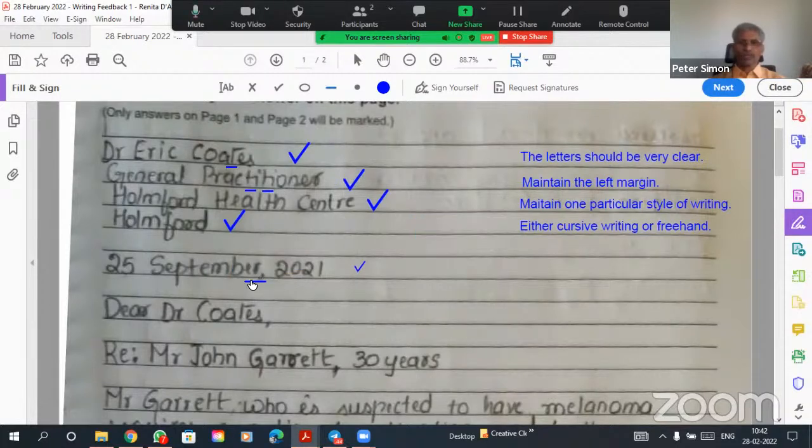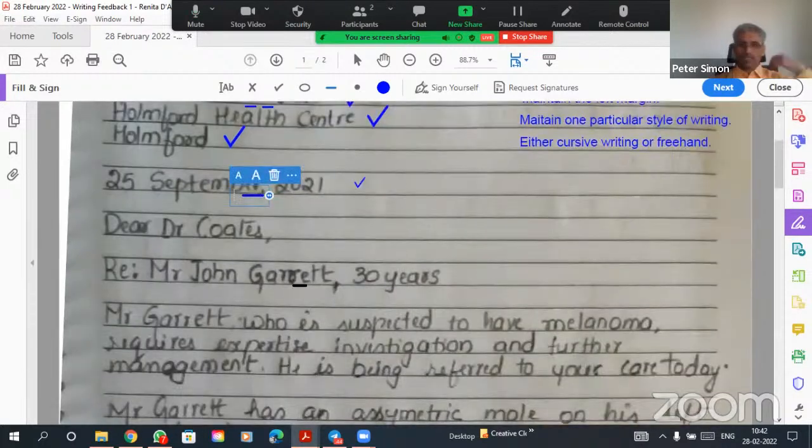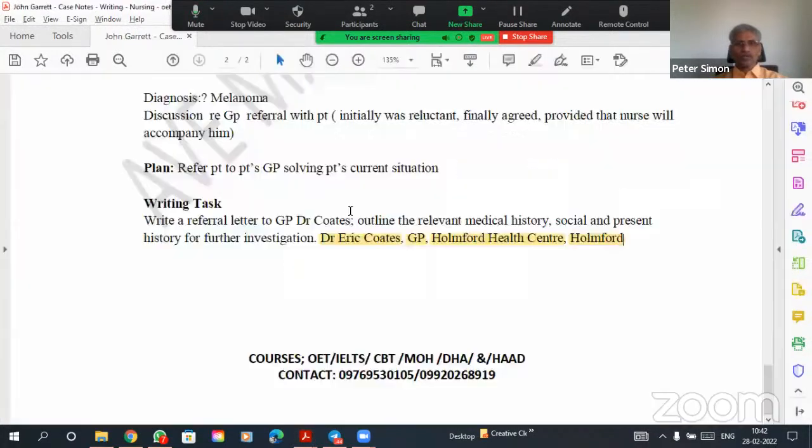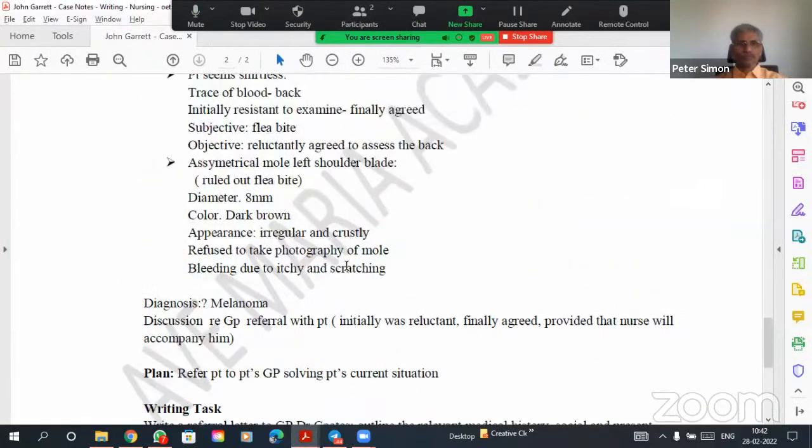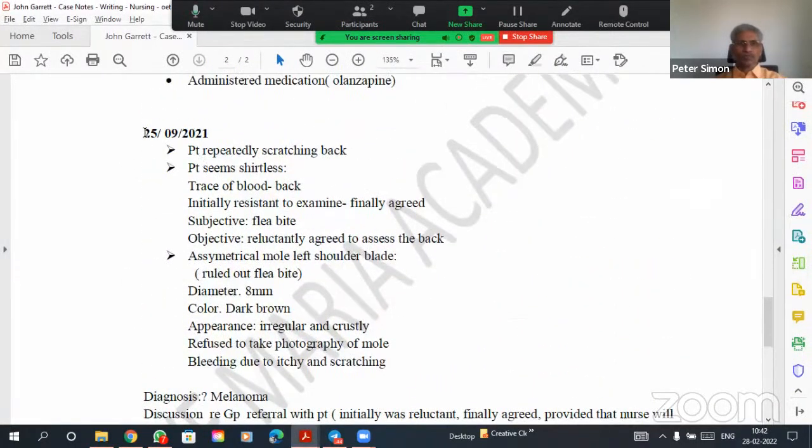Clarity is very important. Spellings are also important, otherwise it will be considered illegible, not clear, not readable. Whether they understand or not is secondary.